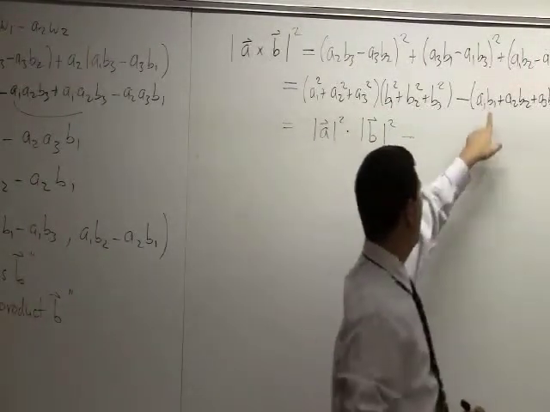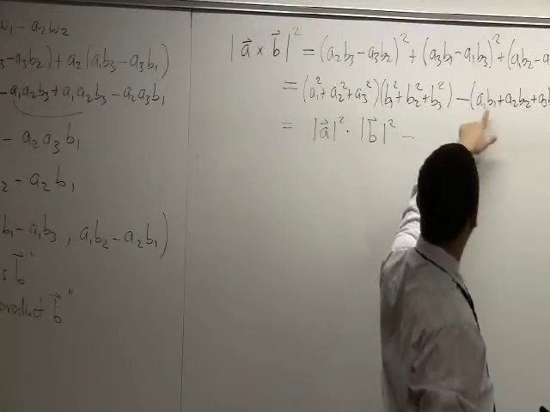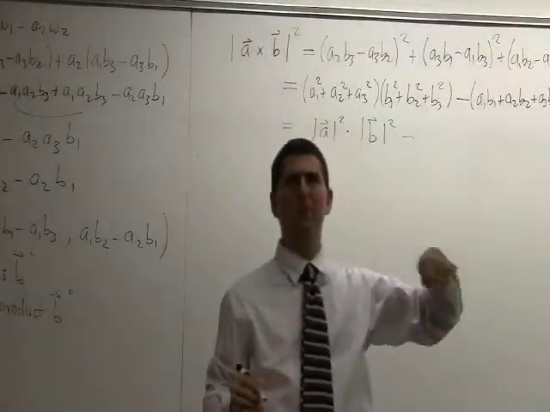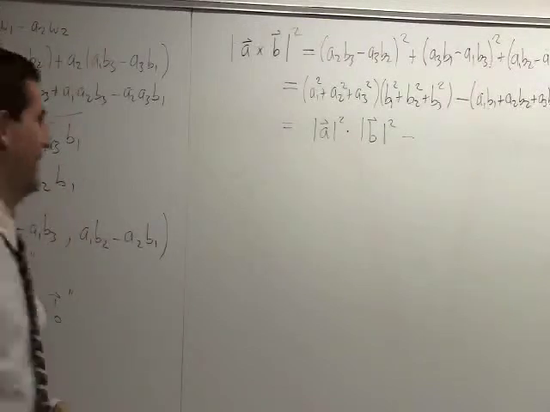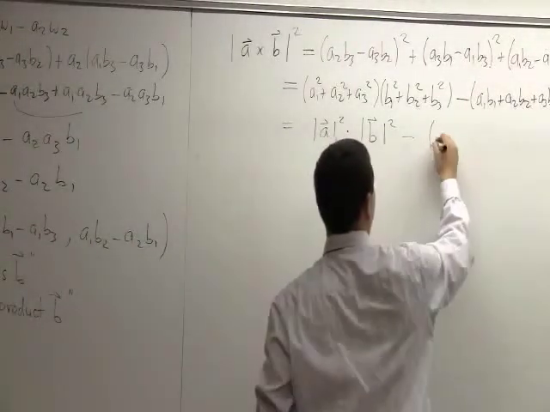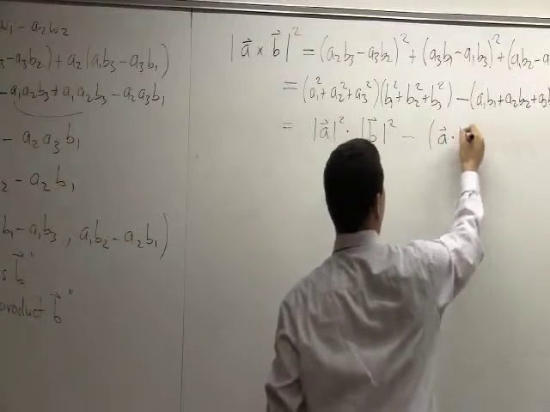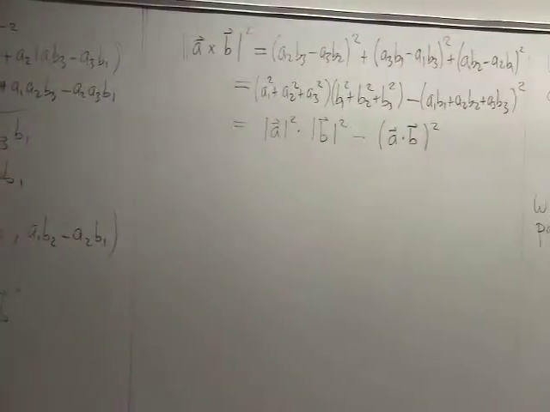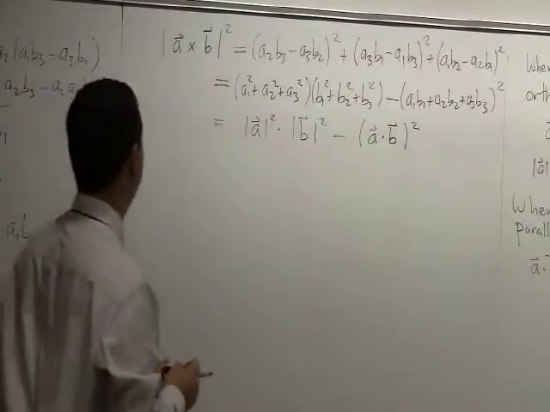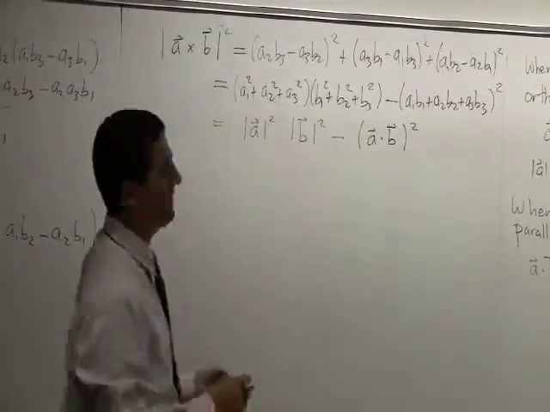Minus, now what is this guy? a1b1 plus a2b2 plus a3b3. That's the dot product. Sweet. So this is a dot b squared. That's not a dot b in the first one, is it? This is just a times b.